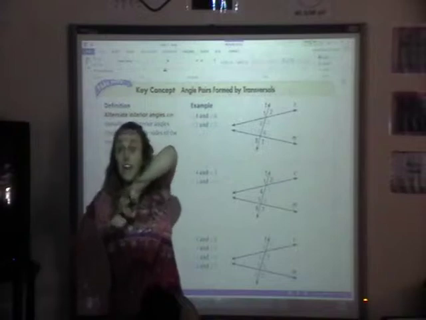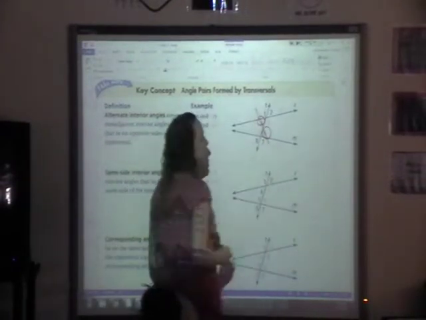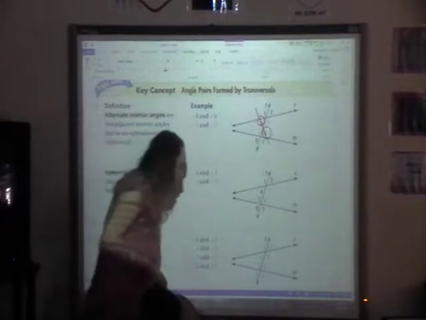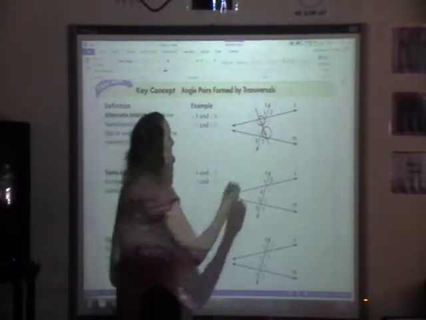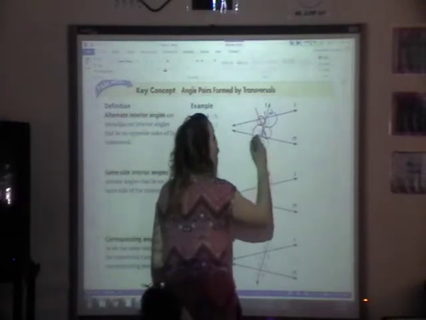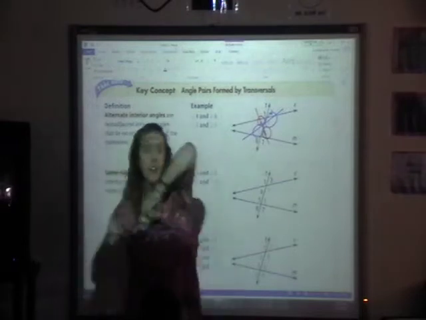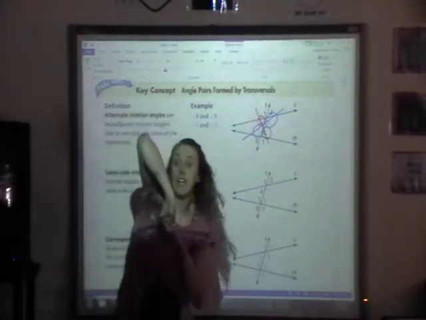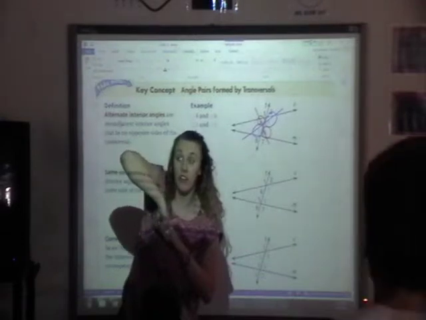They are inside and they are opposite of each other. That also holds true for our other two angles inside, 5 and 3. They are opposite of each other and they're inside. Those are your alternate interior angles.